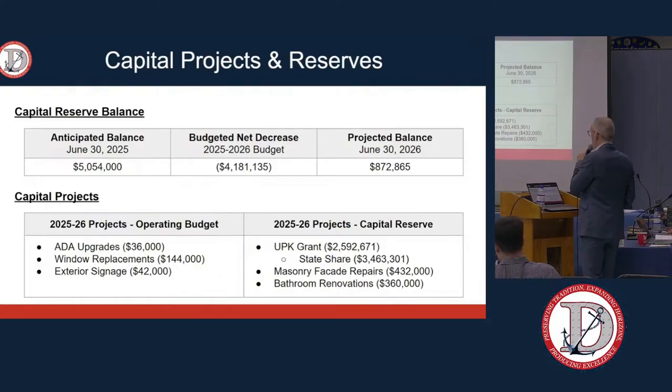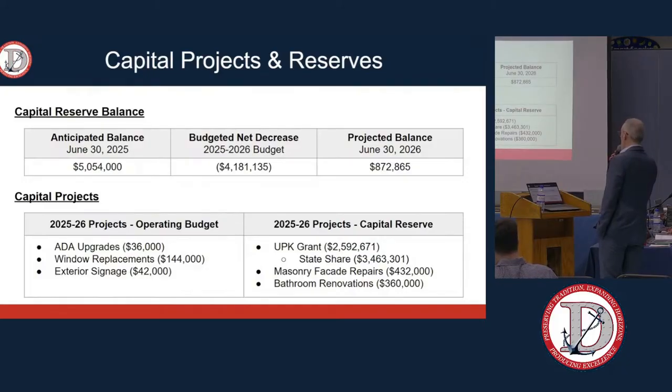From a facilities perspective, we have capital projects and reserves information listed. We have an anticipated balance of over $5 million in capital reserve at the end of this year. That is anticipated, right? We won't know that number until it is audited in January of 2026.